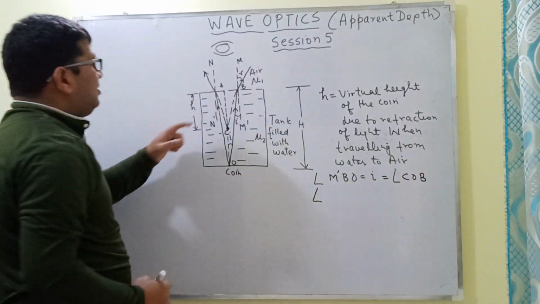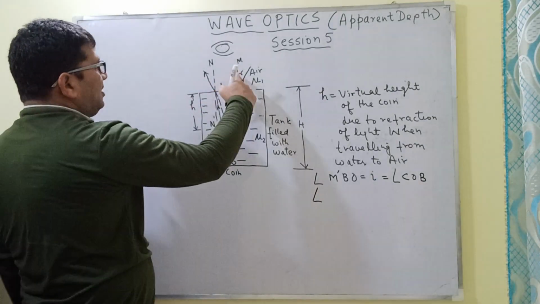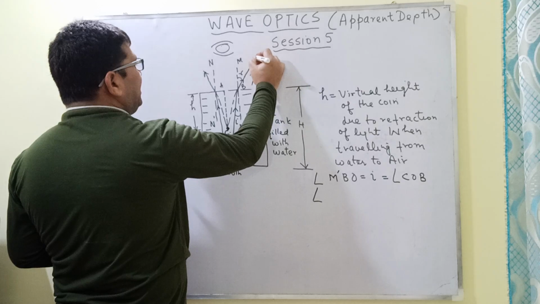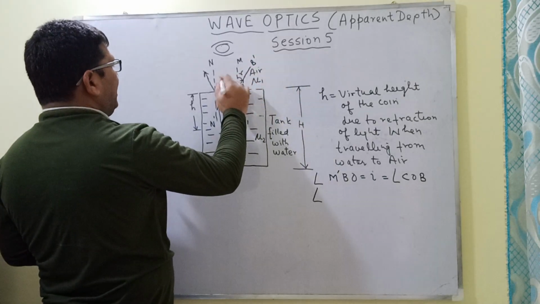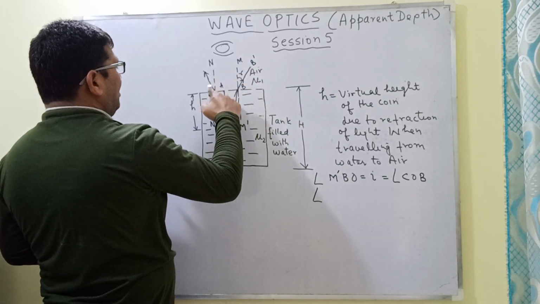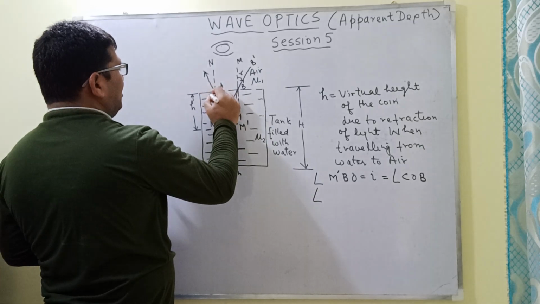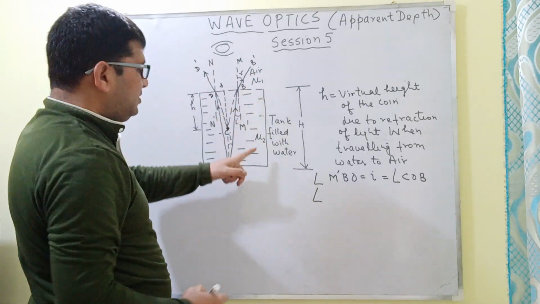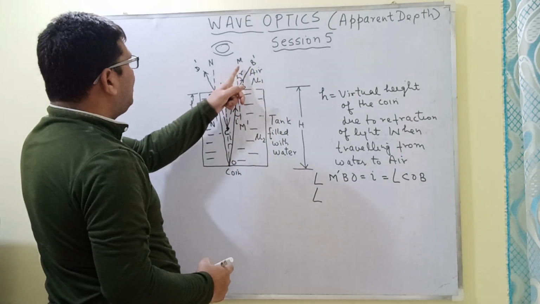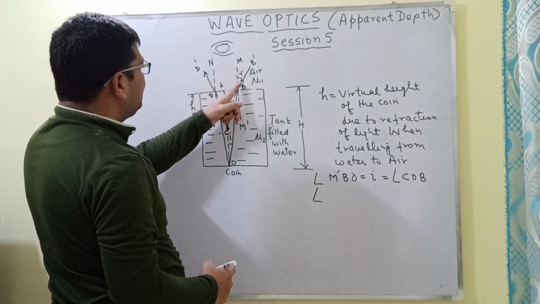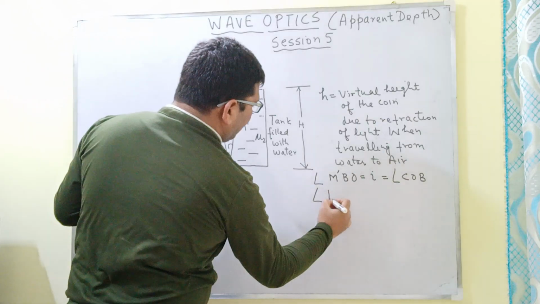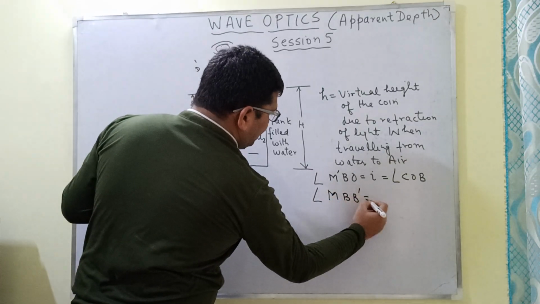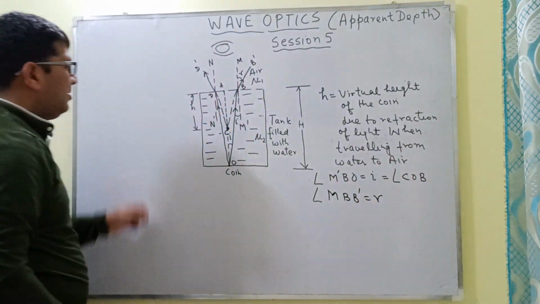Similarly, let us say this is point B, and I'm just taking it as B dash, and this is point A, let us say this is point D, so this is D dash. Now the angle of refraction will be r, and this will be equal to angle MBB dash, and this is the angle of refraction.